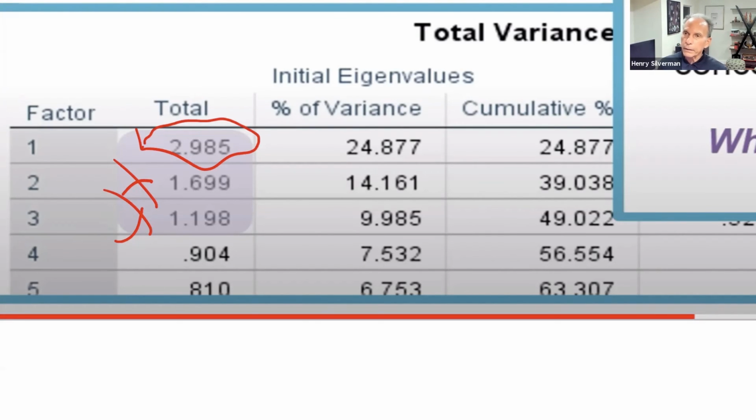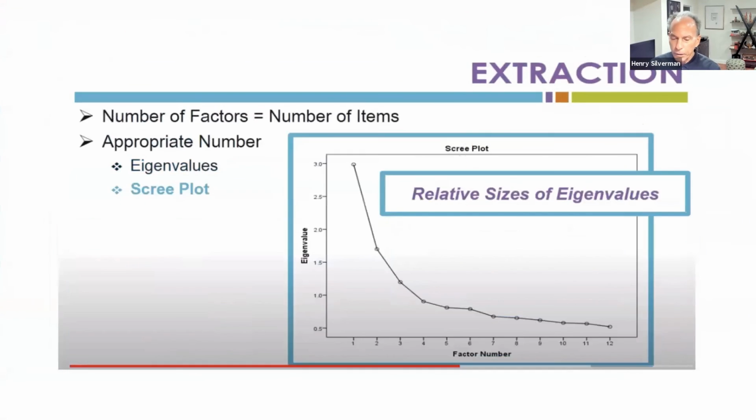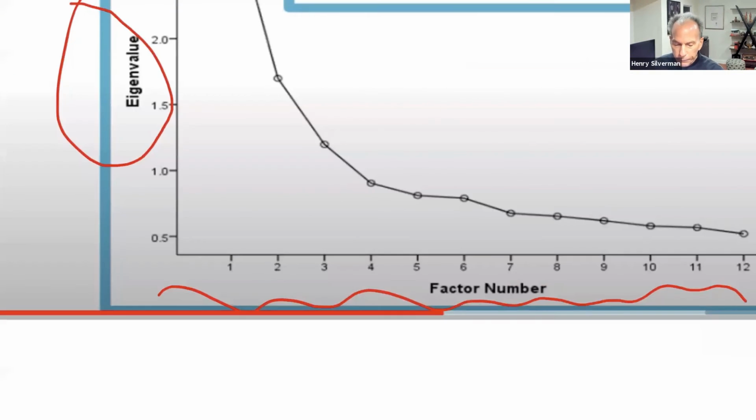However, if we do another step called the scree plot, this will determine whether these lower eigenvalues are also considered. This is the scree plot. We plot all the factors determined by the factor analysis against the eigenvalue. And we see here 0.5, 1, 1.5, and 2.